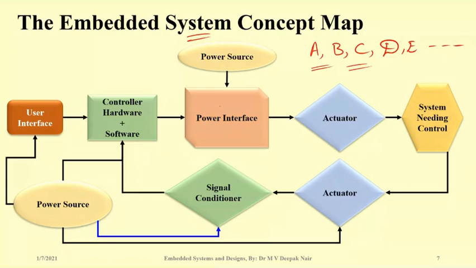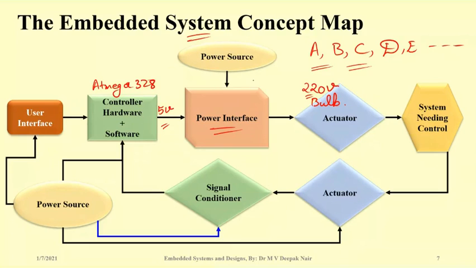But for example, you are having a microcontroller, assume ATmega 328, and you want to drive a 220 volt bulb. In that case, this power interfacing device will take this 5 volt from the output of your ATmega 328 and it has to drive 220 volt.